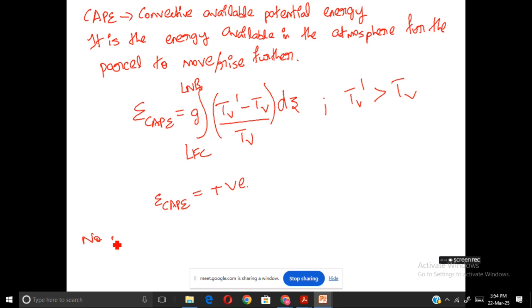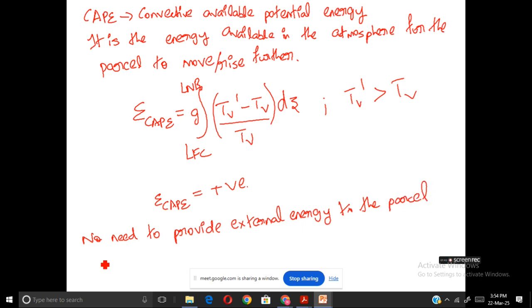So there is no need to provide external energy to the parcel for it to rise from Z2 to Z3, from the level of free convection (LFC) to the level of neutral buoyancy (LNB).